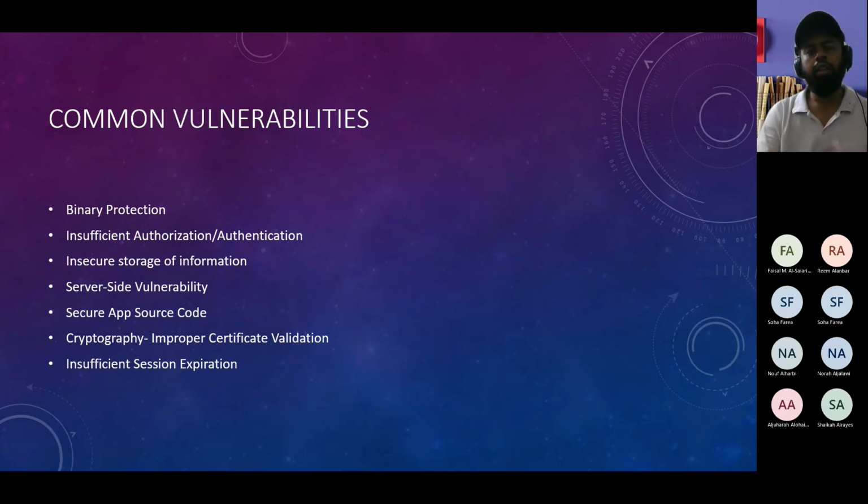Until you have the credentials, you cannot access the other pages. We call these pages activities in Android nomenclature. Like a website has web pages, in a mobile application we call them activities. This is the technical nomenclature of Android applications.